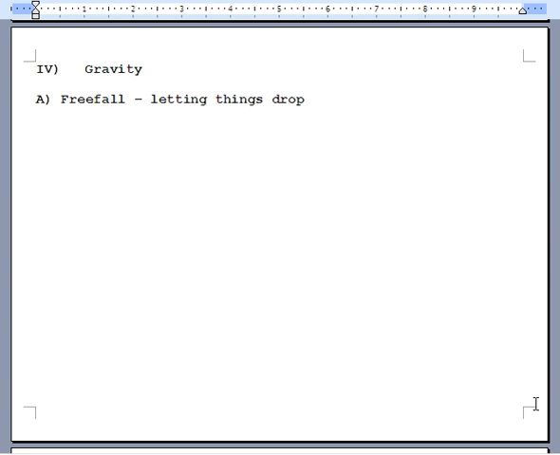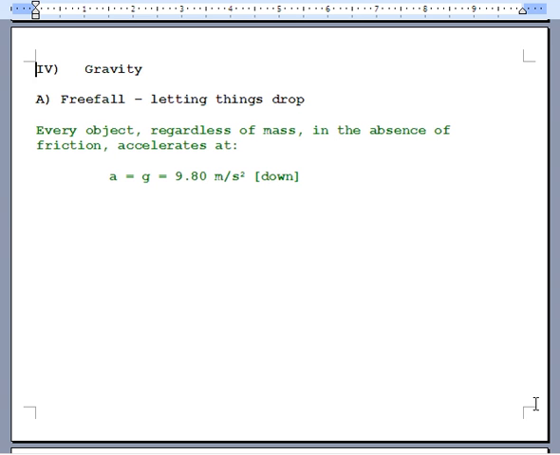With gravity itself, I need you to always remember that all objects, whether big or small, heavy or light, regardless of their mass, in the absence of air friction, that's a pretty big asterisk, right? We're not talking about feathers falling down. If you wanted to drop a feather or a piece of paper, you'd have to crumple it into a really tiny ball so that air friction is negligible.